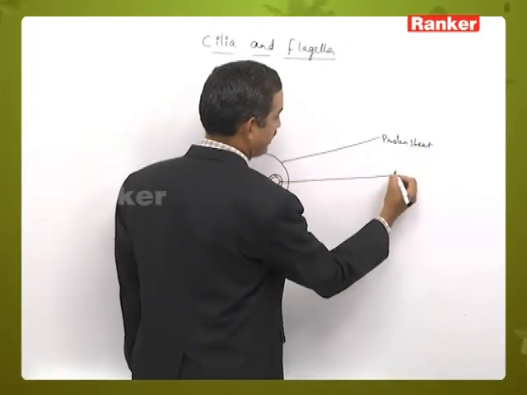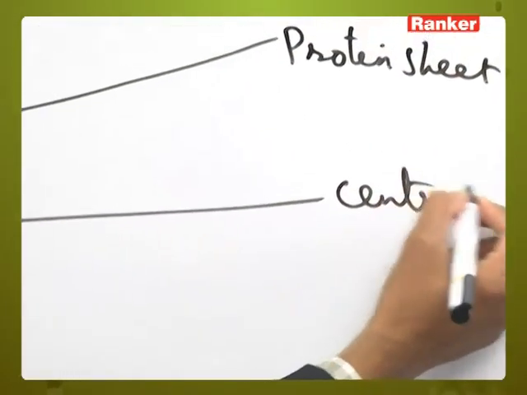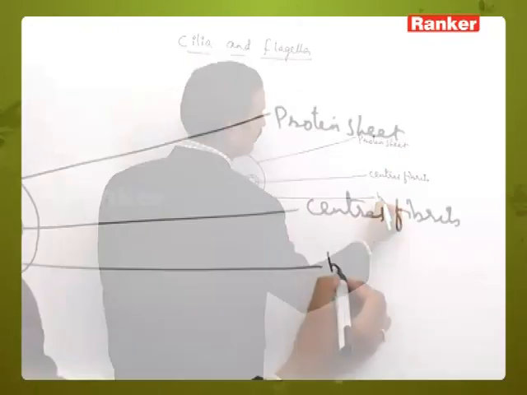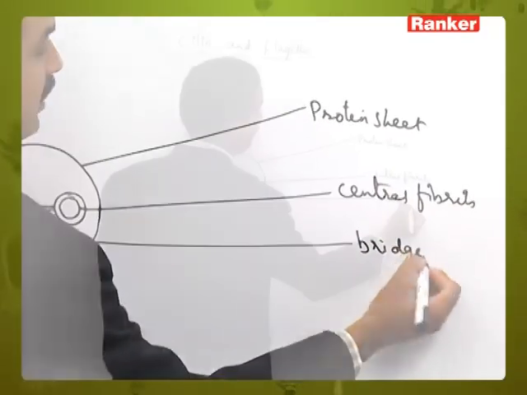So these are the central fibrils, and this is the double bridge connecting both of them.